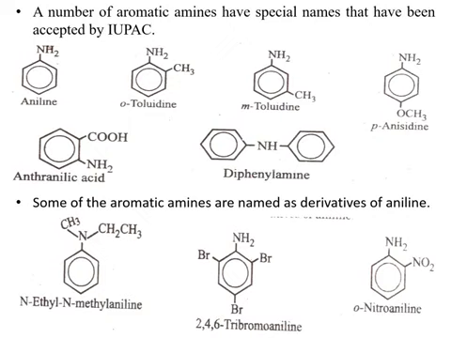If one amino group is attached to benzene ring, then this is aniline. If aniline is attached to one methyl group at ortho position, then this will be known as orthotoluidine. Similarly, if methyl group is at meta position, then this will be named as metatoluidine.